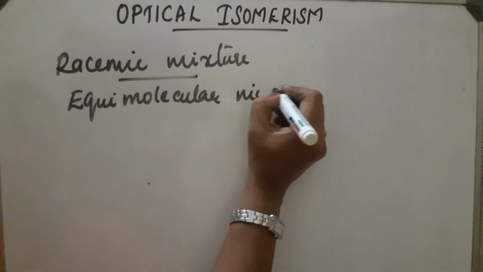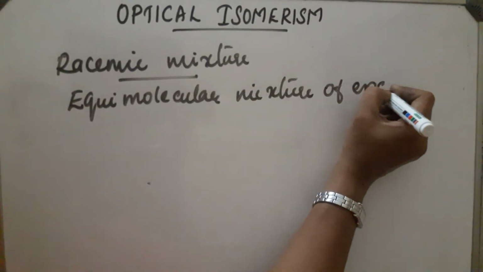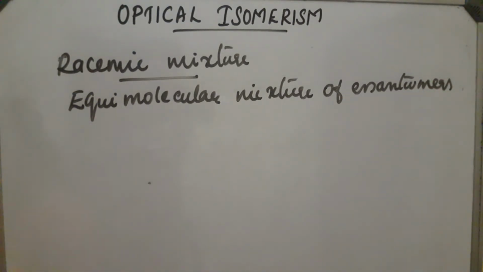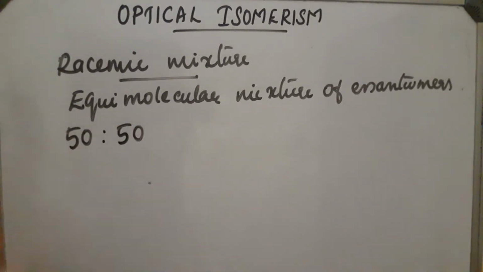If the molecule contains, so we know that these compounds are optically active if they are in equal concentration. If they are in a 50:50 concentration in the mixture, these compounds are said to be a racemic mixture.